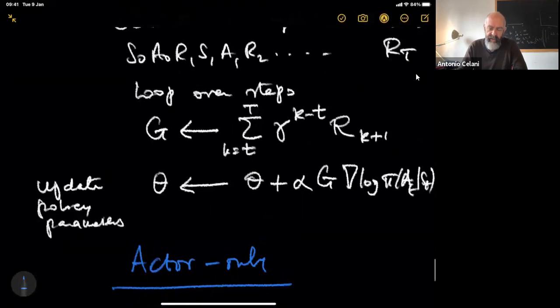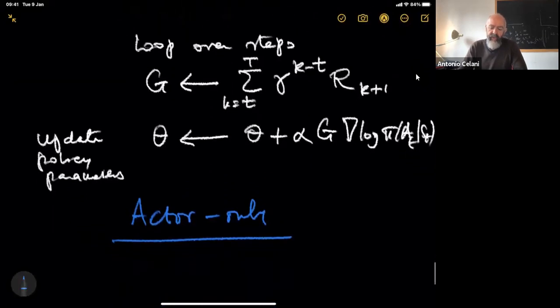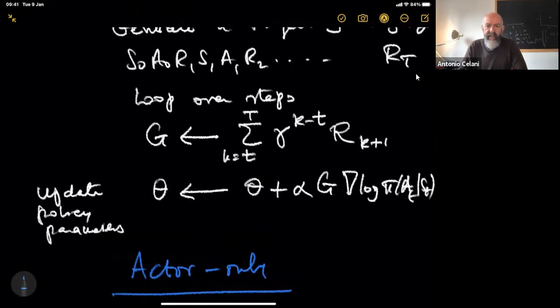actor-only, pure actor algorithm. So in general, this Monte Carlo estimation is painful because if gamma is close to 1, this means that you need to have very long trajectories, because otherwise this sum will always be cut off by the finite horizon capital T of your data. Okay, but there's one situation where this problem does not arise, and it's the situation of bandits.